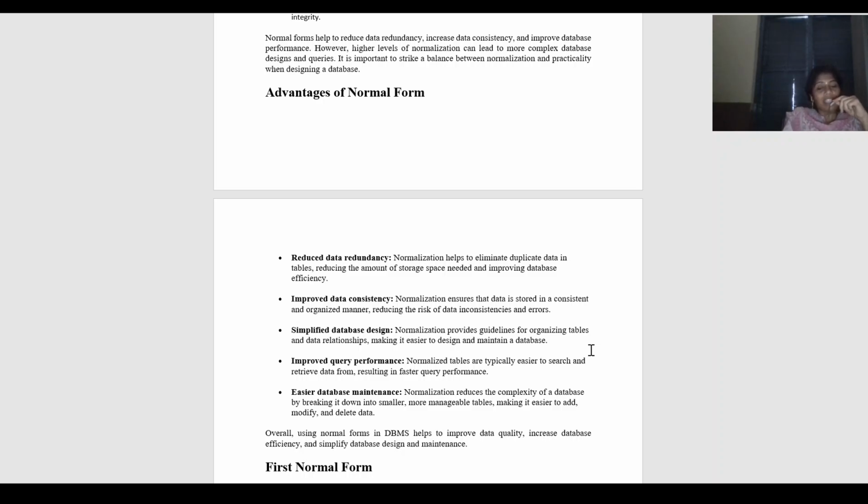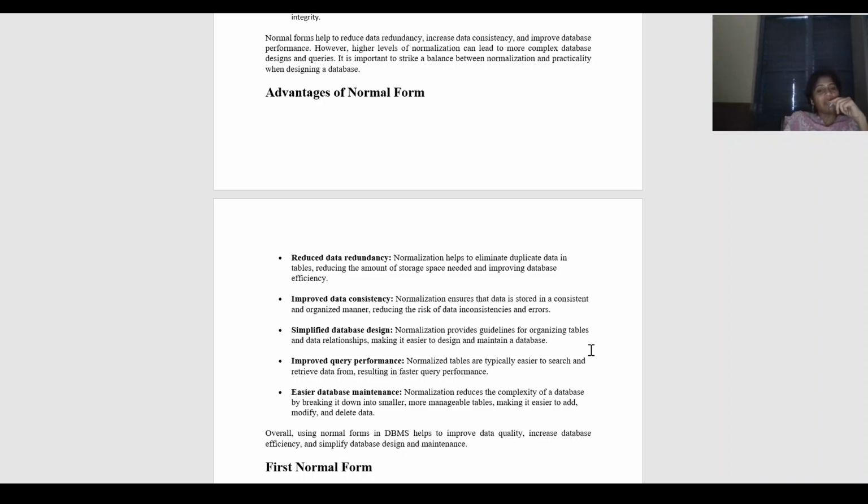Compared to SQL, MongoDB, that means NoSQL, is much higher. SQL is somewhat lower. The performance of MongoDB is very high. Data retrieval in SQL is somewhat slow.